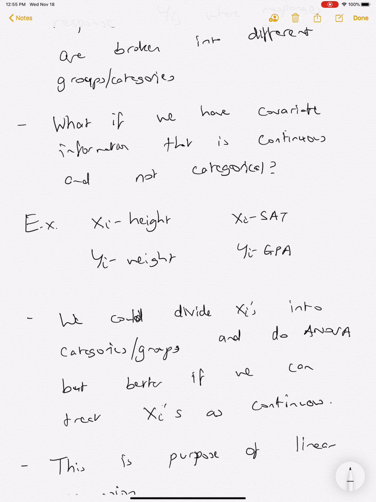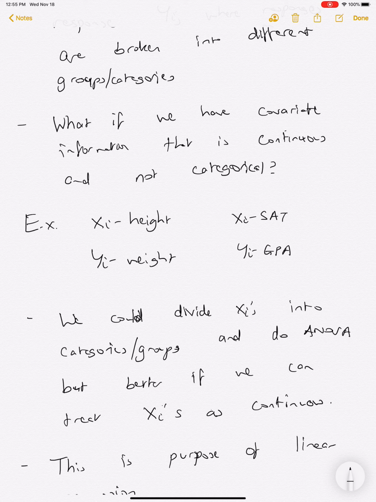Another example would be SAT. If you had information about someone's SAT and you wanted to predict their university GPA, if you wanted to do an ANOVA analysis, you could break the SAT scores down into the top 10% and then the next 10% and so on. But this is, again, not ideally what you want to use.